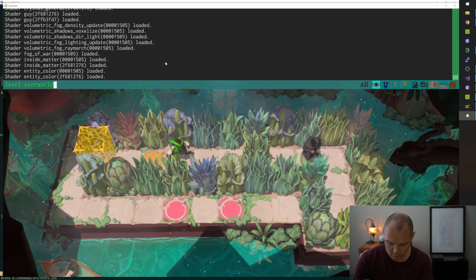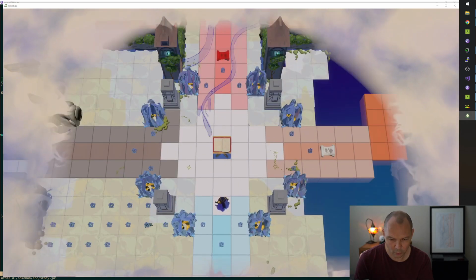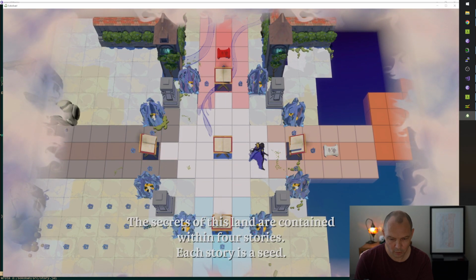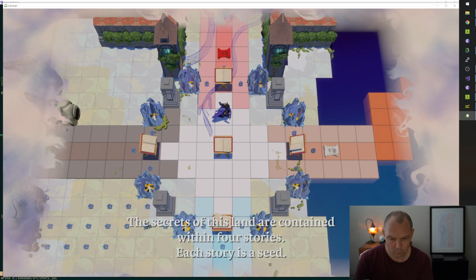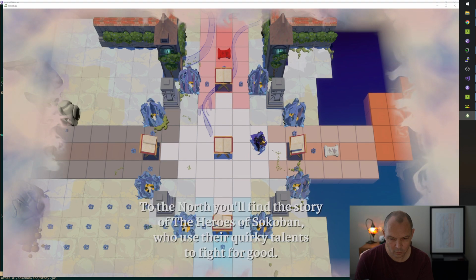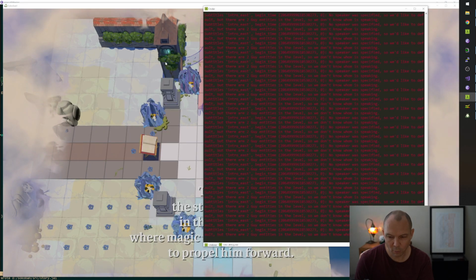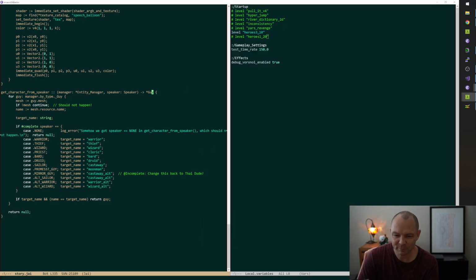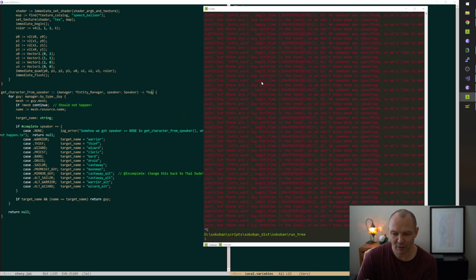So for now, we're going to work around this by saying The secrets of this land are contained within 4 stories. To the north. You'll find to the east. Oh, because this is happening. Oh, also this begin time is in Apollo time. Yeah, let's make that error message better.